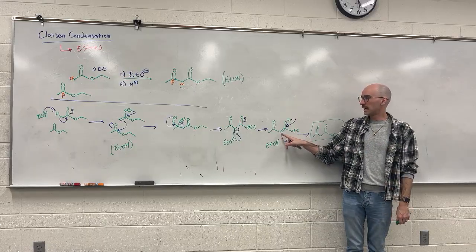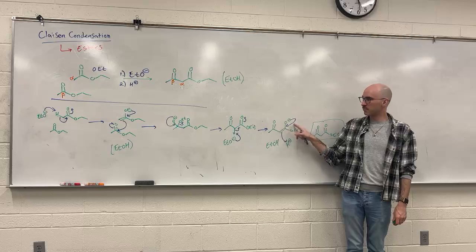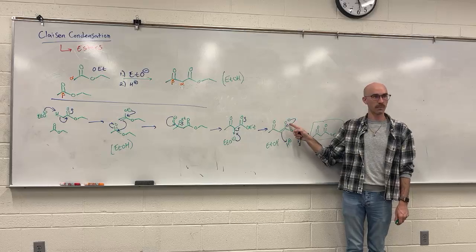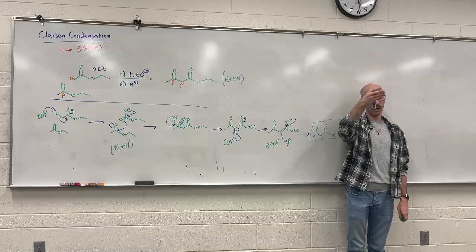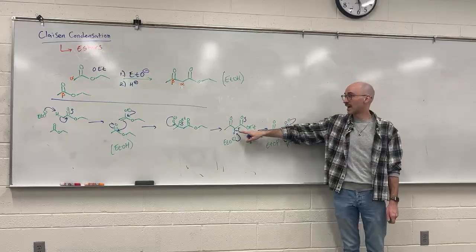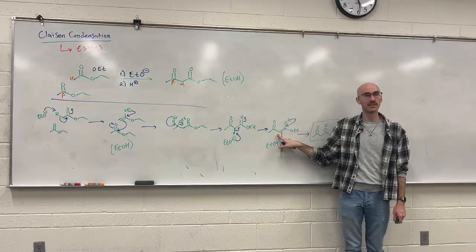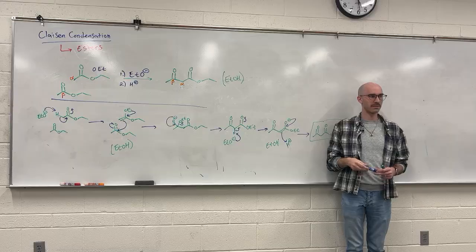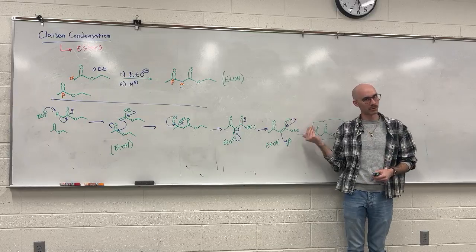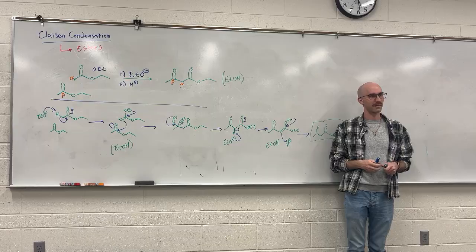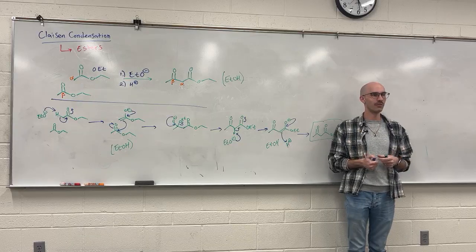Here, yes, it is more acidic because it can form one of those two resonance forms, but I want it to be obvious to you guys that it attacks from the carbon, so you can show the negative charge on the carbon. I'm not, because I think the major resonance form is a better tool for us to use.